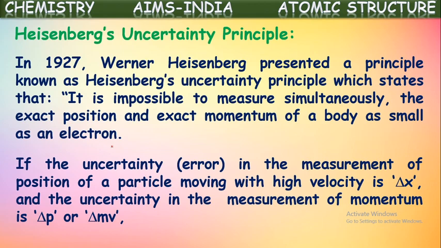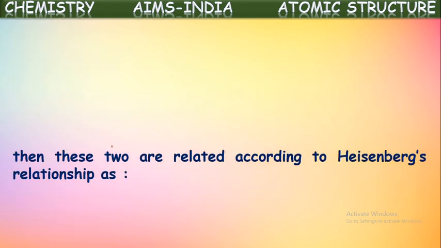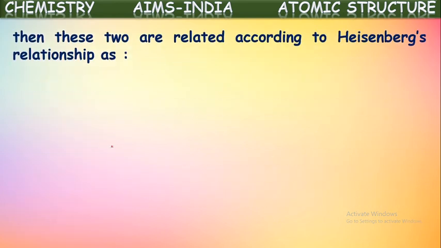If the uncertainty in the position is delta x and the uncertainty in the momentum is delta p or delta mv, then these two are related according to Heisenberg's uncertainty principle as delta x into delta p is greater than or equal to h by 4 pi.